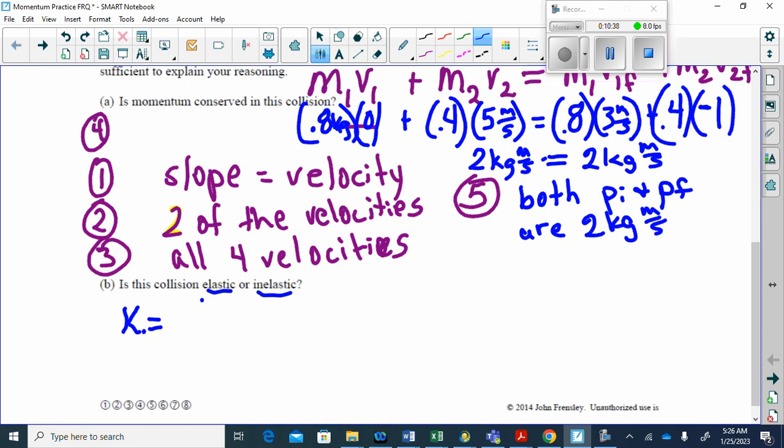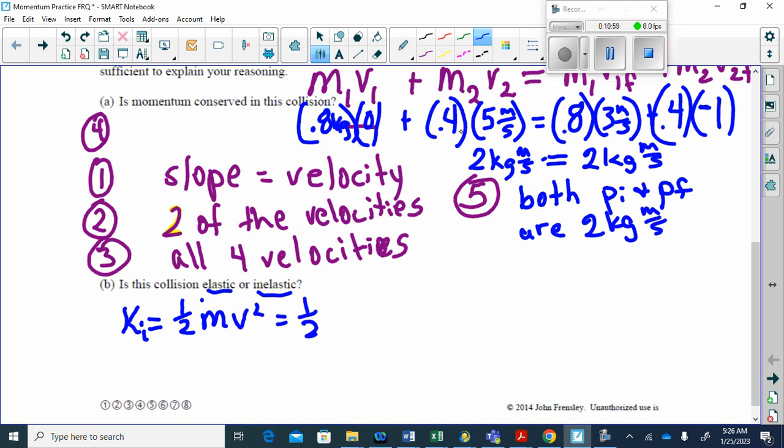So the initial kinetic energy, we're just going to look at both carts. Now, this white cart initially was not moving, so we only have the black cart. And so the initial kinetic energy, to calculate kinetic energy, it's 1/2 mv squared.